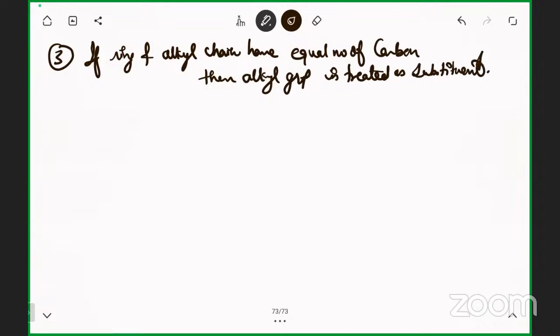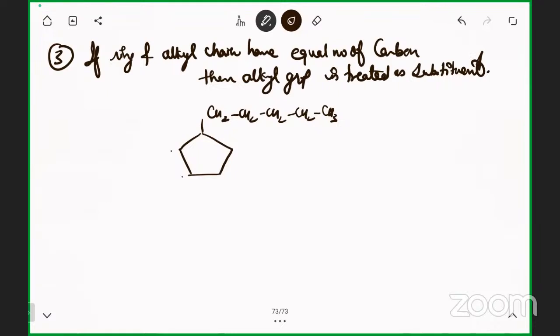It means, see, example: CH2, CH2, CH2, CH2, CH3. Now, in this chain, we have 5 carbons, 1, 2, 3, 4, 5. While in the ring, 5 carbons are also present. So if the ring and the chain have an equal number of carbons, then the parent group will be the cyclic compound, and you will write the side chain as the substituent.